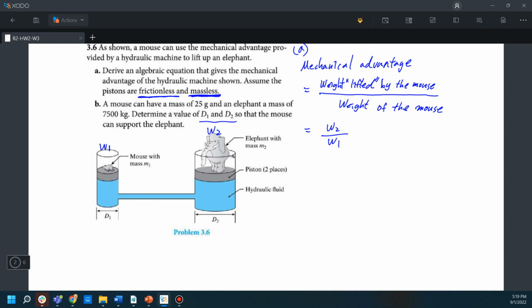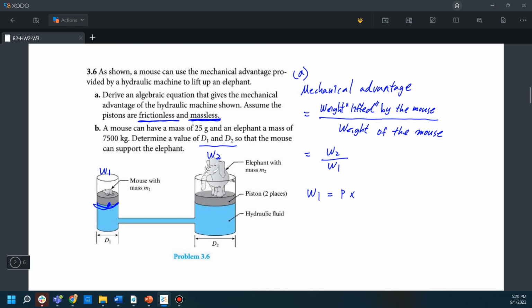Then next, we want to derive the equation. So the weight of the mouse, this weight 1, is equal to the pressure at this point times the area of this piston.